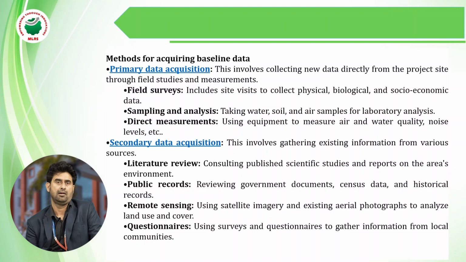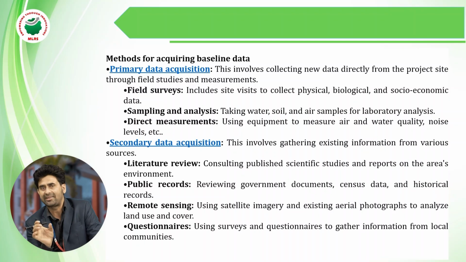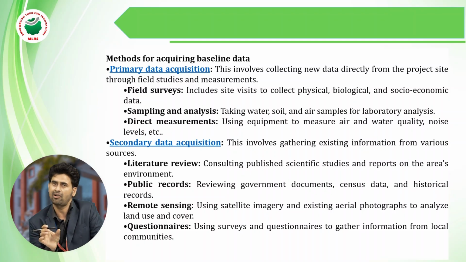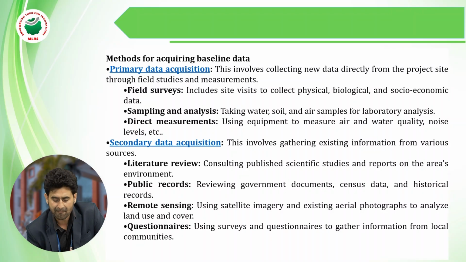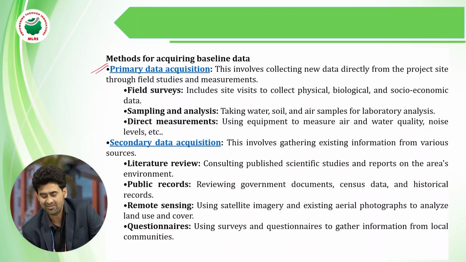Now, there are certain types of methods of acquiring the data for environmental impact assessment. The first one is primary data acquisition. This involves collecting new data directly from the project site.